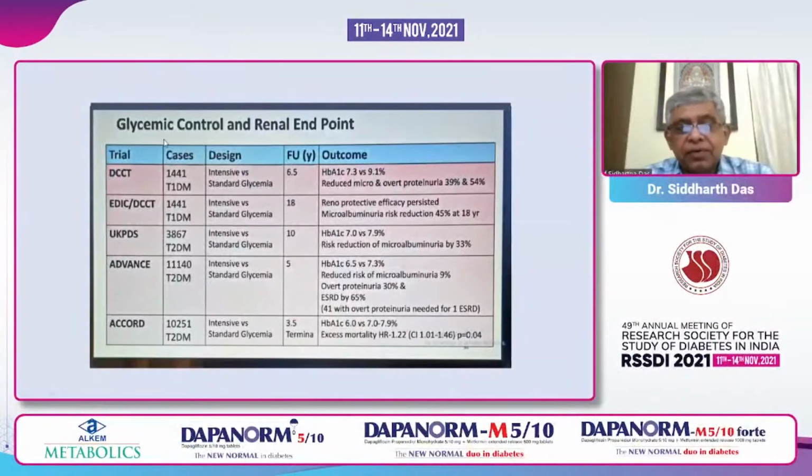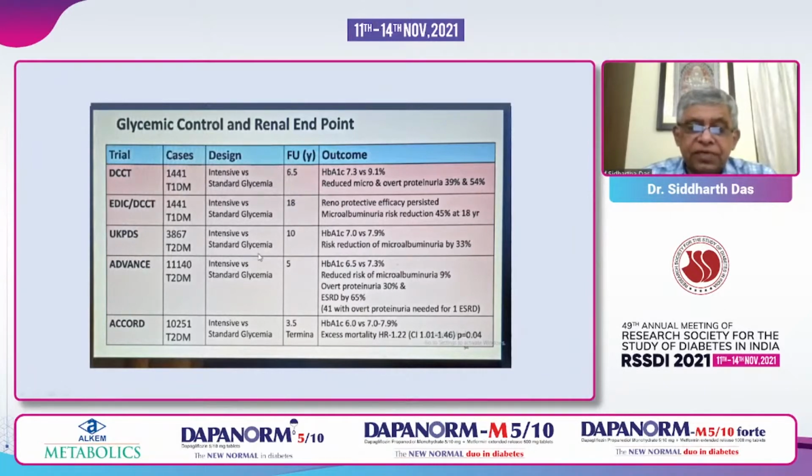Well, this is glycemic control vis-a-vis renal endpoints. All of us know about it. Just to brush up our memory, DCCT showed us that when the HbA1c is about 7.3 versus 9.1, there is reduced microalbuminuria and proteinuria. EDIC and DCCT again showed that with intensive versus standard glycemic control, the renoprotective efficacy persisted, with microalbuminuria risk reduced by 45% at 18 years.